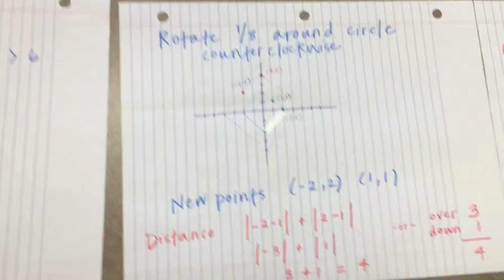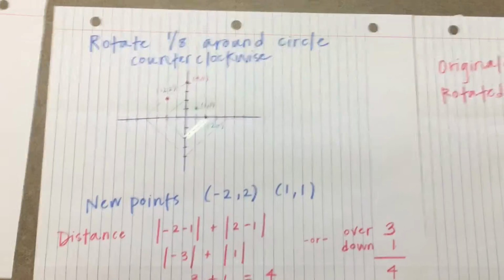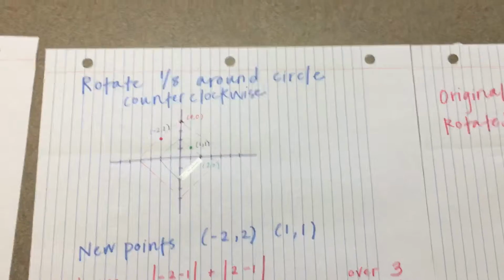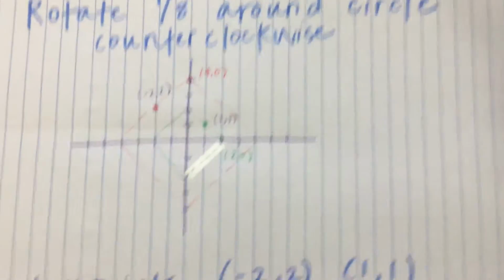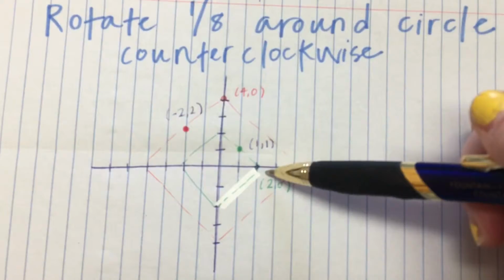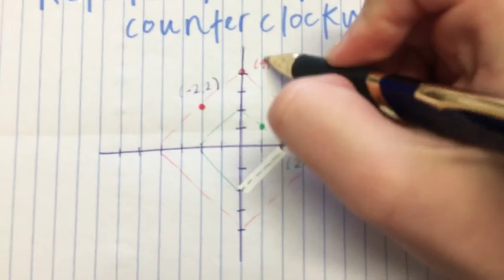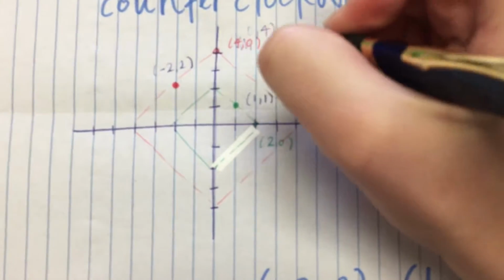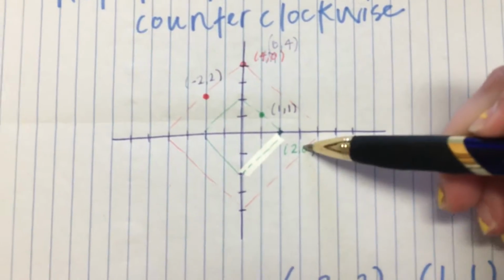I would like to rotate this 1/8 of the way around the circle counterclockwise. This is what I'm choosing to do. So here I have my graph with my original points, 0, 4, and 2, 0.